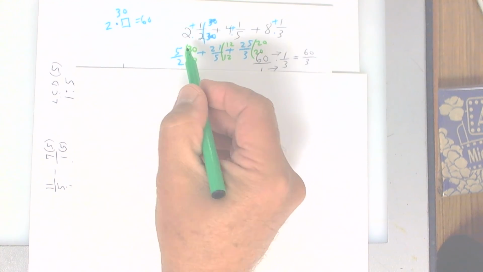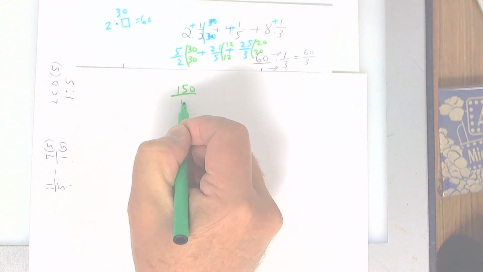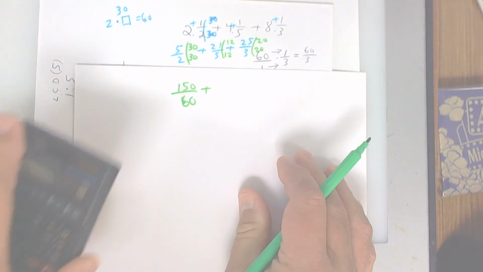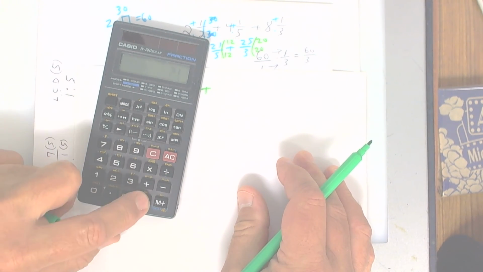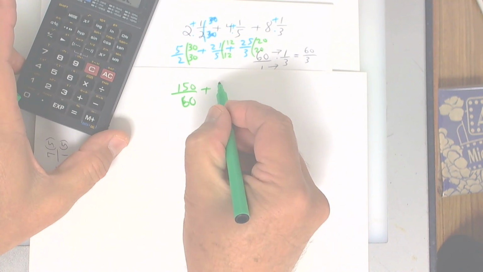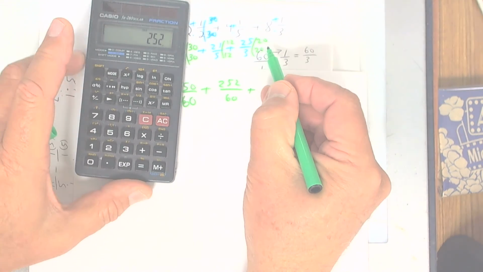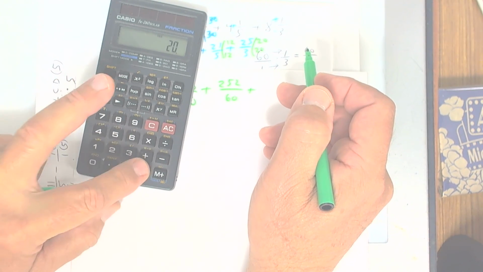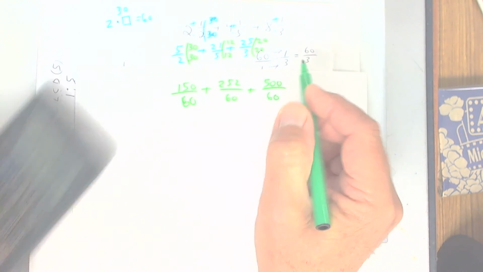So I do 5 times 30 is 150 over 60, plus 12 times 21, I have no idea, is 252 over 60. And then finally, 25 times 20 is 500 over 60.